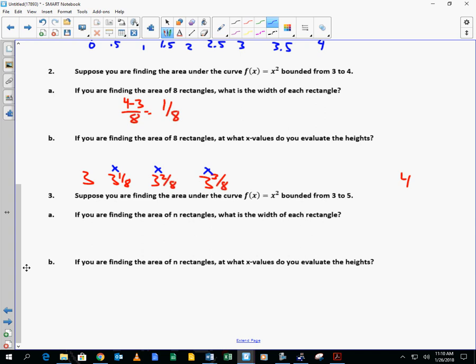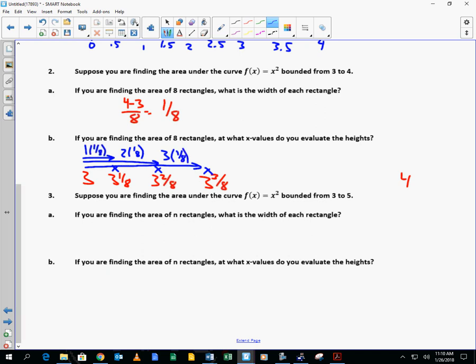So you started at 3 and you went over 1/8, or one width, correct? For the next one, you started at 3 and you went over how many widths? 2 widths. And for the third one, you started at 3 and you went over 3 widths.